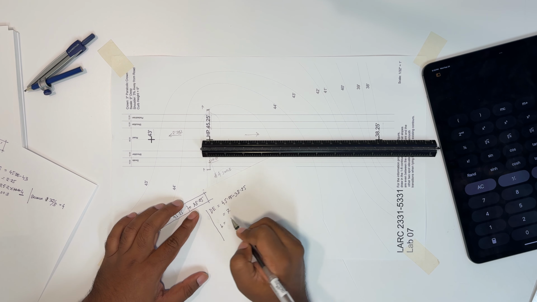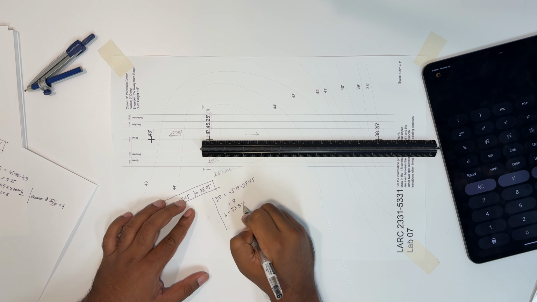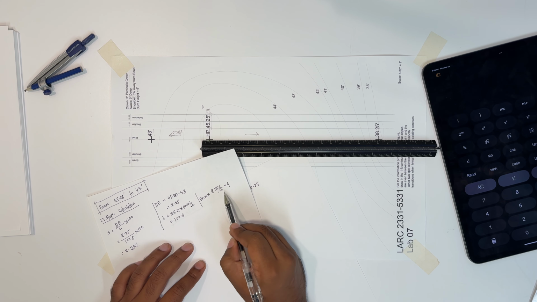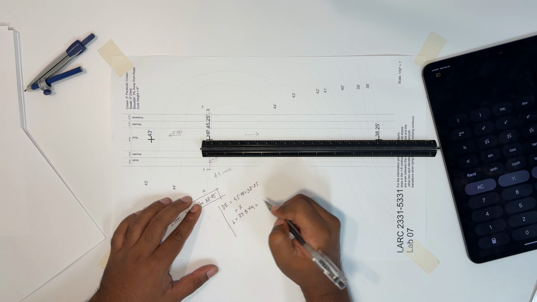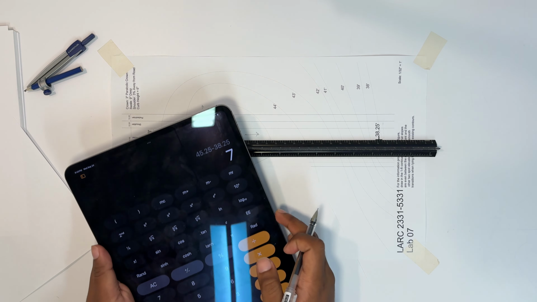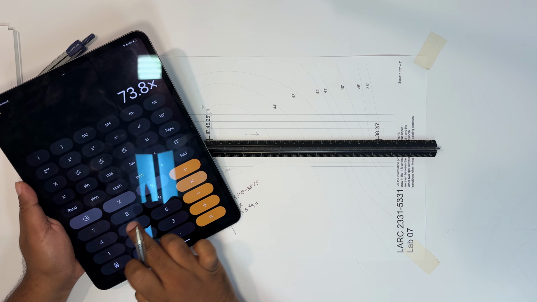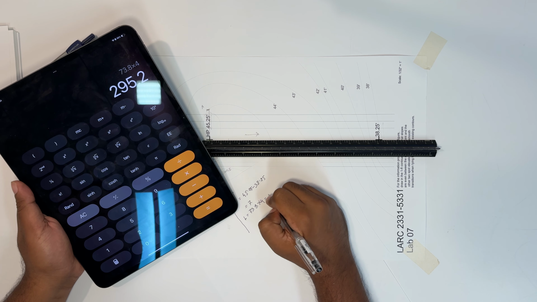So L is 73.8 times 4. And that's because, again, 32 divided by 8 equals 4. So let's try to calculate that. So that's 295.2.